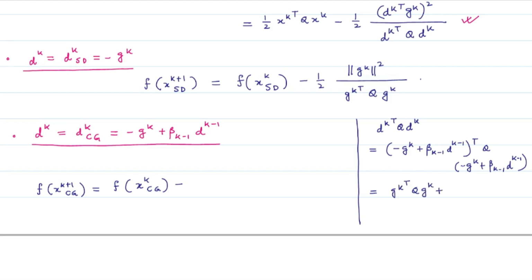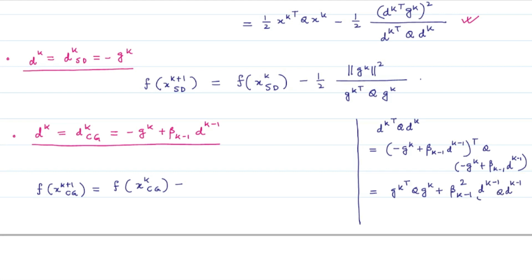which is equal to g_k transpose Q g_k plus, you notice that the term involving d_{k-1} transpose times g_k is equal to 0, and hence ending up with beta_{k-1} square d_{k-1} transpose Q d_{k-1}.